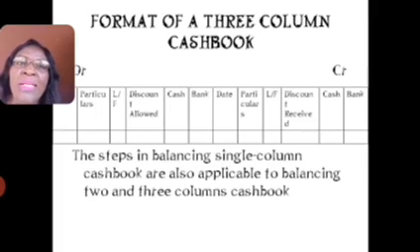Now, look at the format of the three column cash book. Just like the single column and the double column cash book, you have the date, particulars, folio. Then in the three column, you add one more column, which is discount allowed, and then discount received on the credit side.